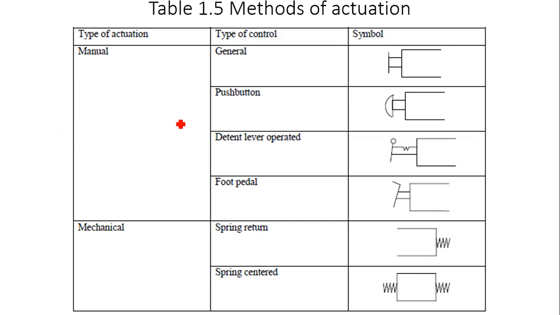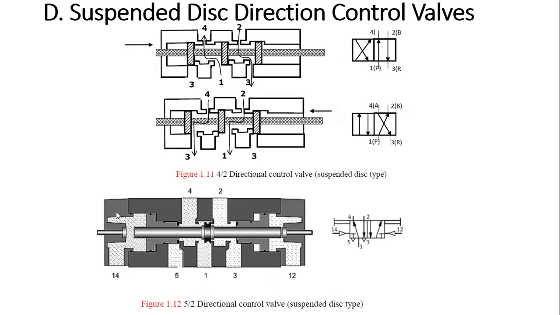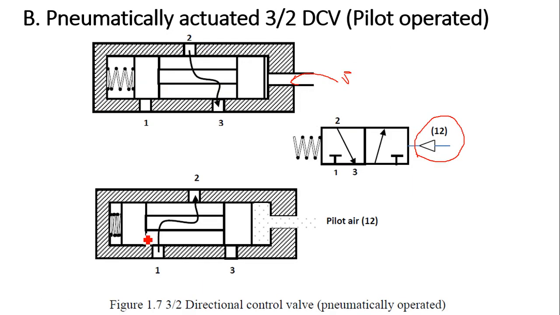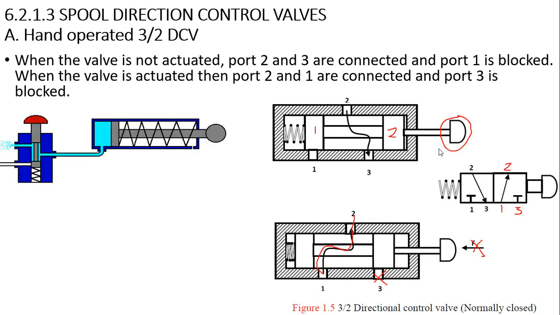In the software you can see these symbols over there. So what are they? First we will see manual operations. Manual actuation means the valve is operated by hand. See here, this valve is operated pneumatically, this valve is operated by hand.